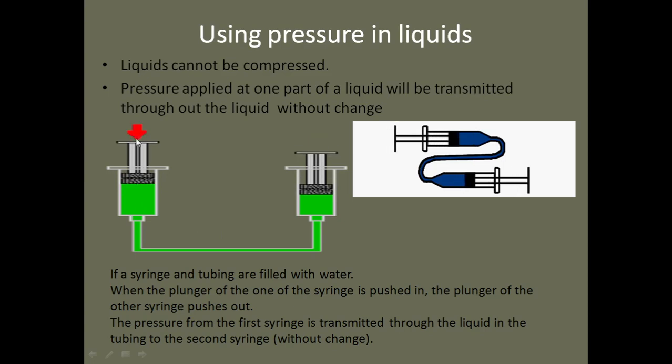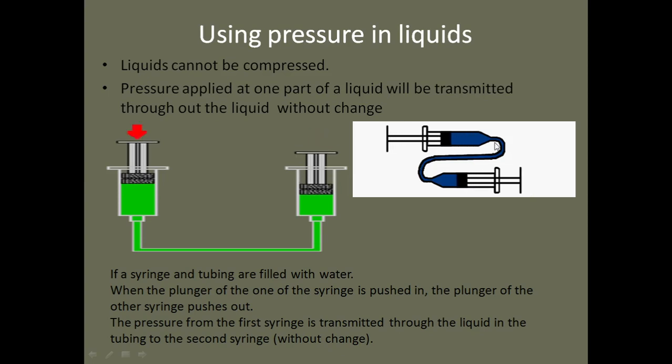When you apply force on this piston, pressure transmits through the liquid to this point, and then exerts a force. The pressure here exerts a force on this one, making it go up. So the reverse is the case, vice versa.